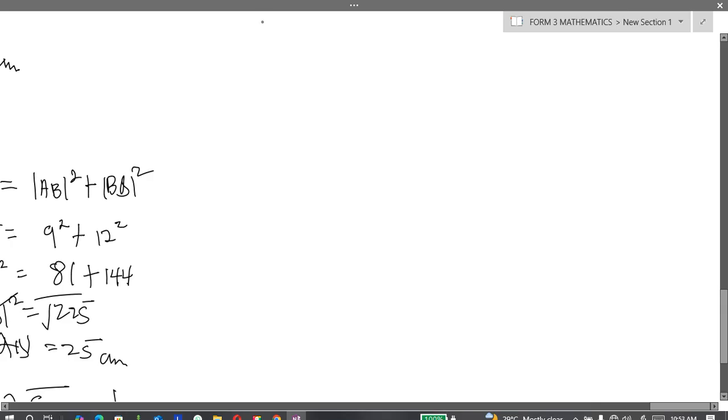Okay, so let's take a look at this question. Good. Question 16. I think this one is good. A ladder is 25 meters long.